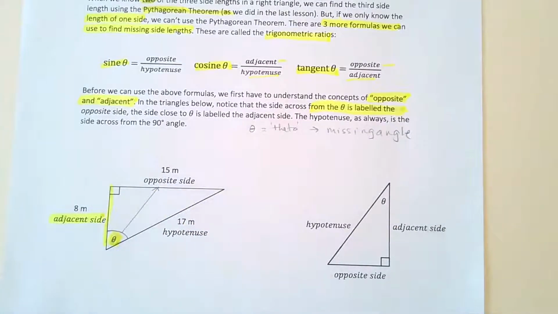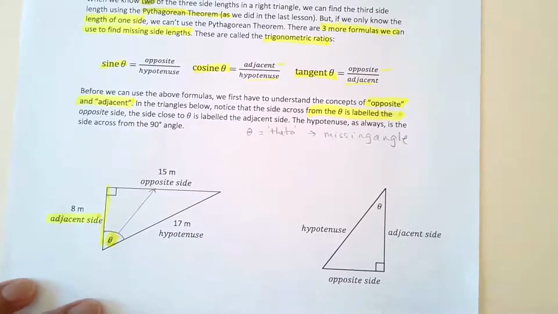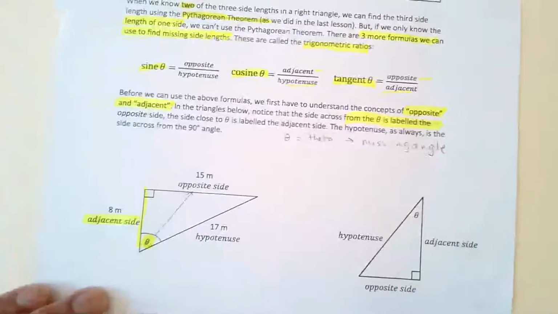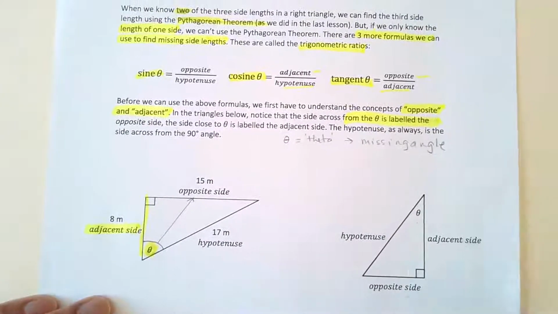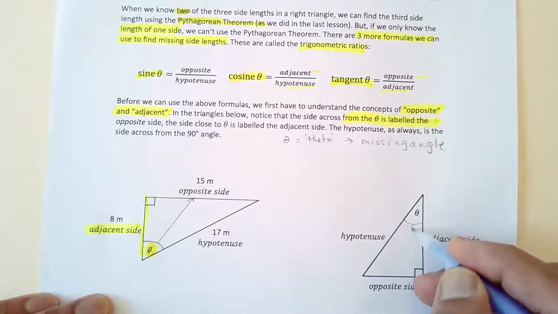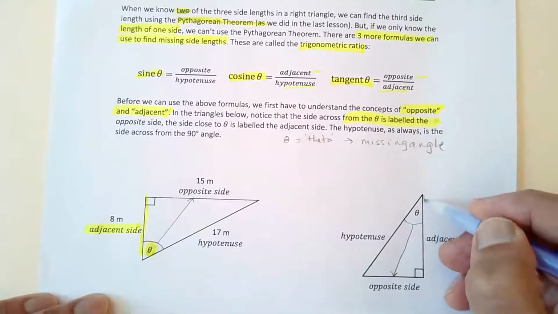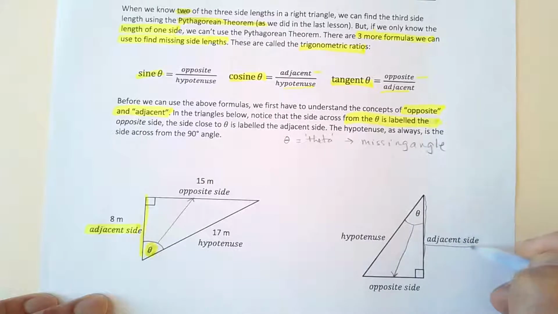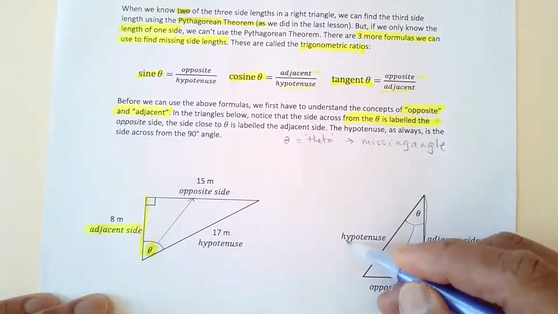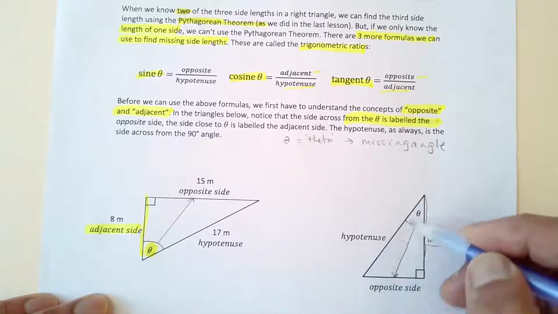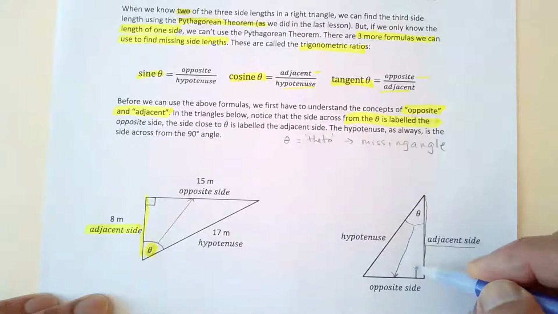Let's look at another example. This is our theta. The side opposite it is called the opposite side, and the side adjacent is called the adjacent side. Notice the hypotenuse is the longest side, but sometimes it's very difficult to tell.